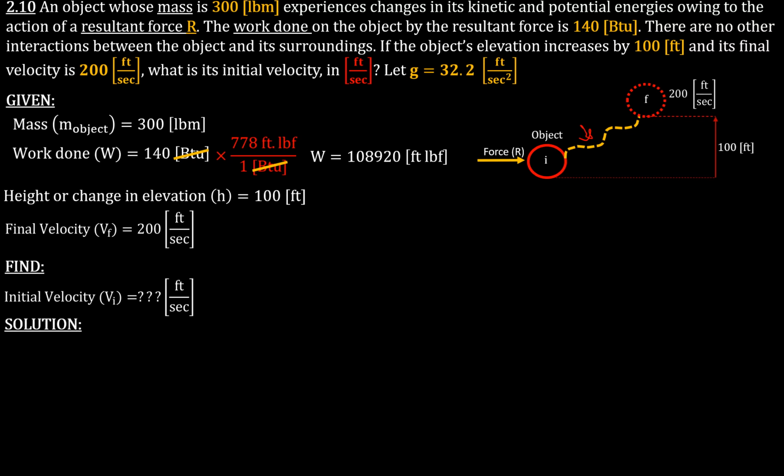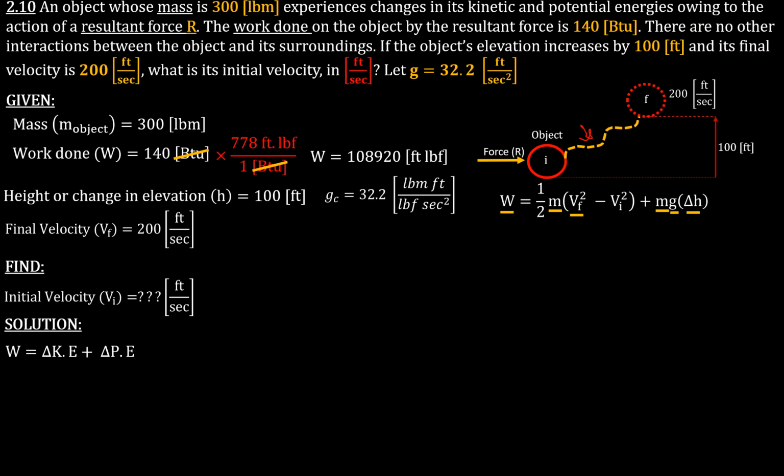So what's the solution here? As you can see, work is the change in kinetic energy plus the change in potential energy. Work is given, mass is given, final velocity is given, gravity is given, and the change in height is given. So here we need to find the initial velocity.